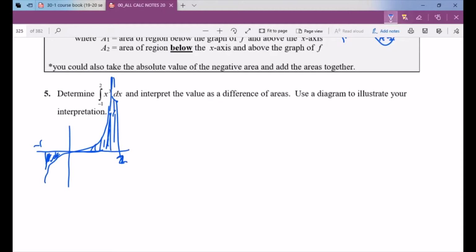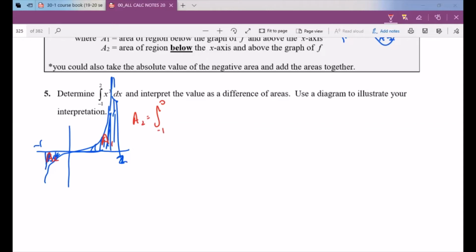Let's call this one A1 because it's positive. We'll call this part A2 because it's negative. So the integral from -1 to 0 will be equal to A2.